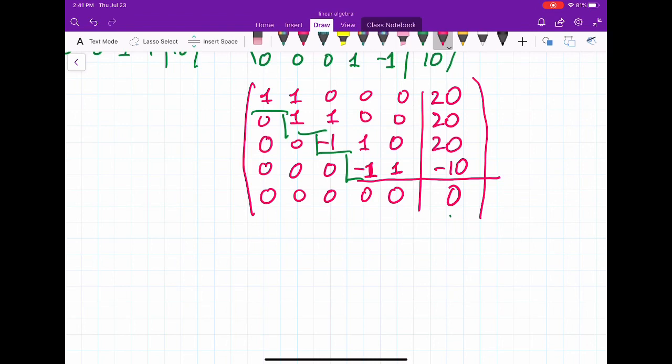Why? Because we have 4 equations, right? But 5 variables in this case. And it's obvious that the system has a solution. That's the first thing, because if we remember, the number of non-zero rows in the coefficient matrix is 4.